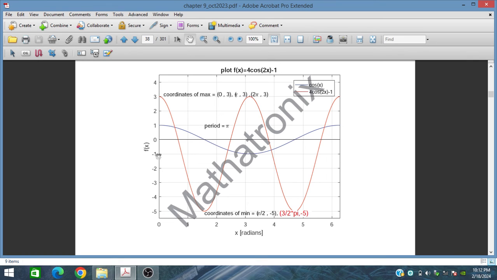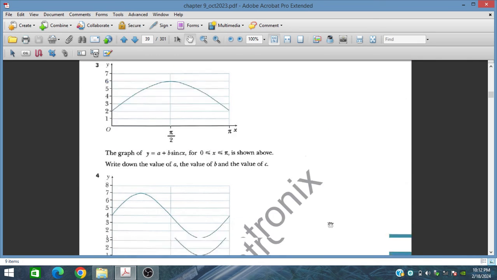This minus 1 is our reference. We just dropped it to minus 1, and this is our reference line. And this is repeating. Similarly for other values.